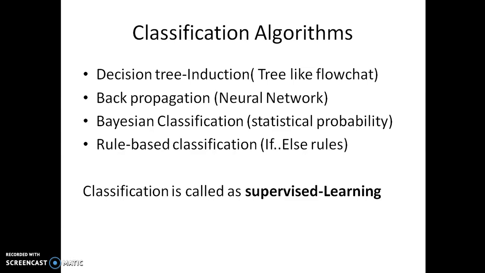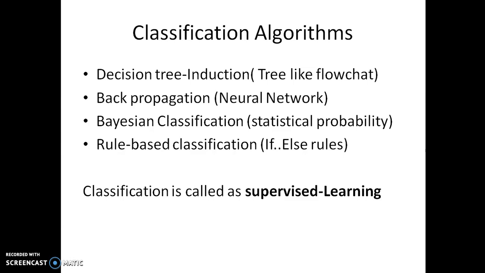In backpropagation, we use a neural network with inner layers and outer layers to predict the class label of the new data tuple. In Bayesian classification, we use probability statistics to determine the probability of belongingness of a particular tuple to the given classes. If-then rules are used in rule-based classification.